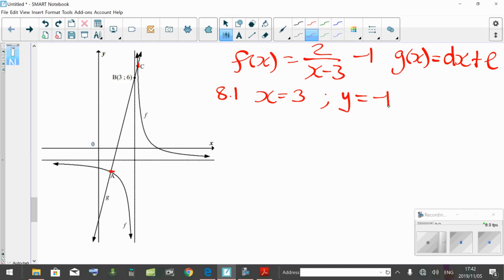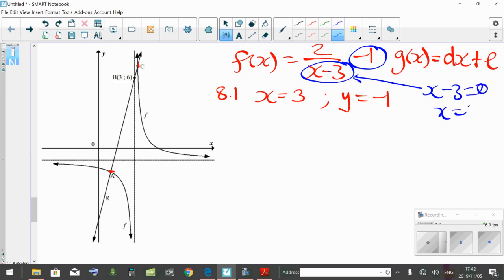So these are the asymptotes that we get reading off from here. If you don't want to be confused by that, you can write it as x minus 3 is equal to 0 and solve for x. That would give you the asymptote. Next question.